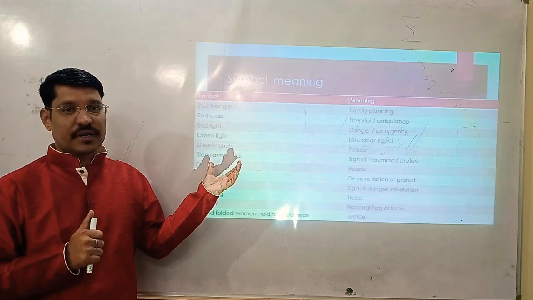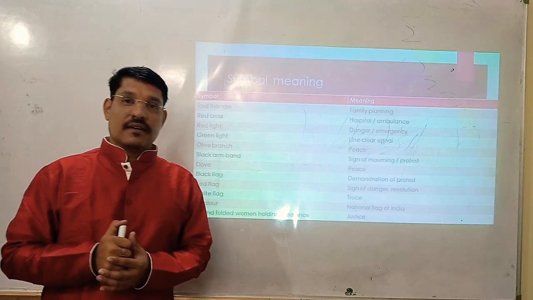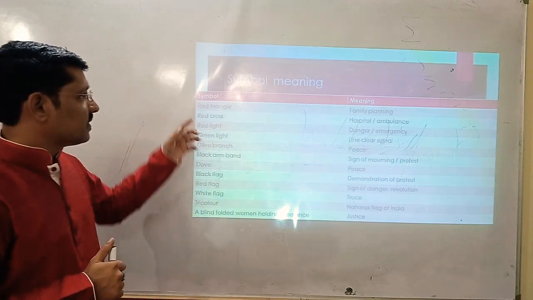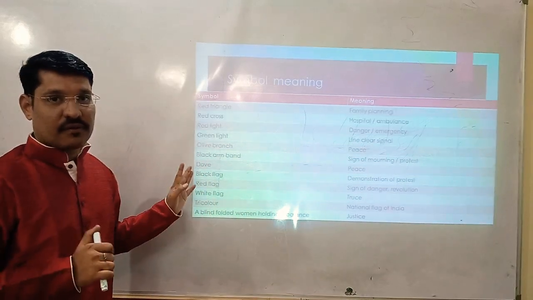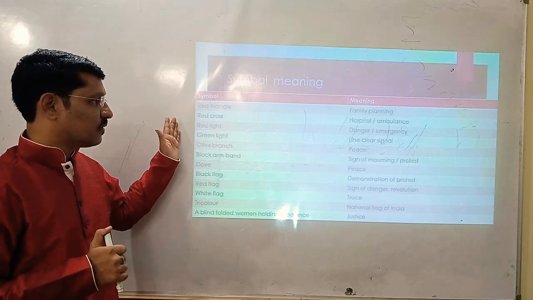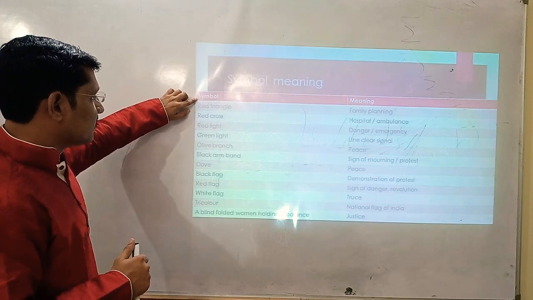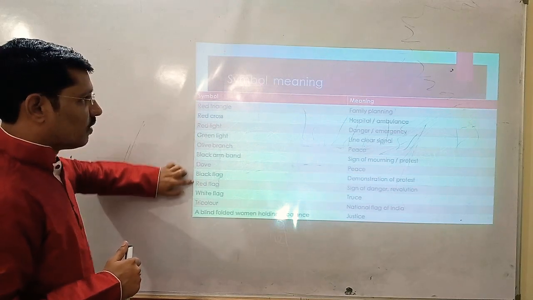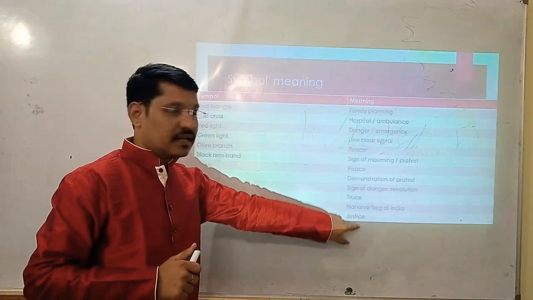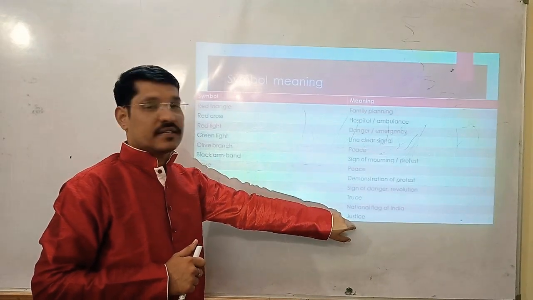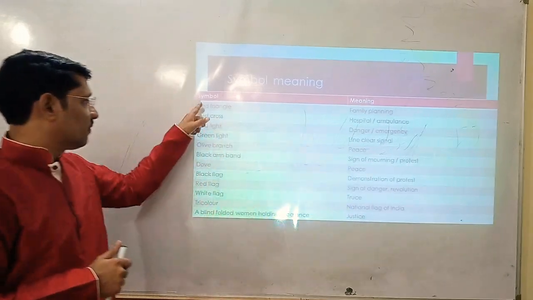It is an important point in practical life also. So because of that reason I have given this topic for the general knowledge point of view as well as practical knowledge. These are all the meanings of the symbols. What is the indication of that symbol?